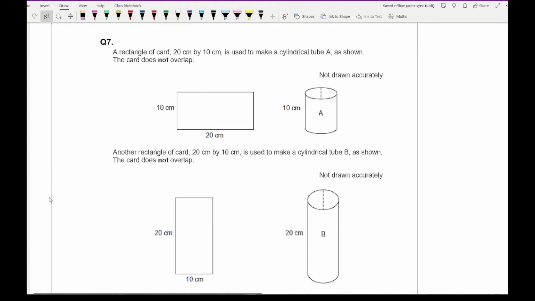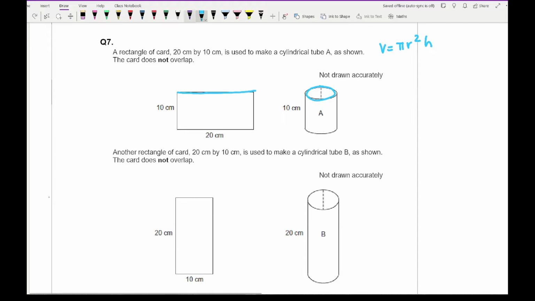So for this, what we need to do is work out the volume of each of these shapes. Now again, to work out the volume of a cylinder, it's pi r squared times h. Now here, this length here is the same as this.